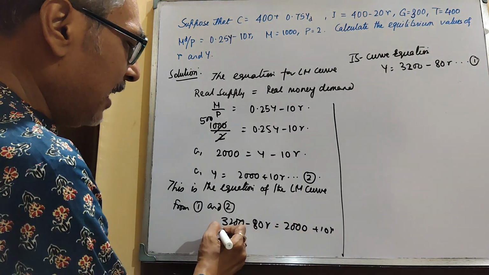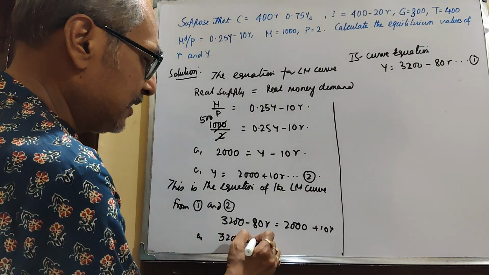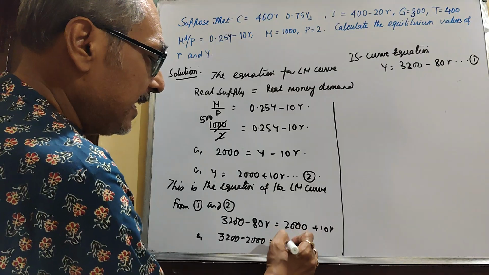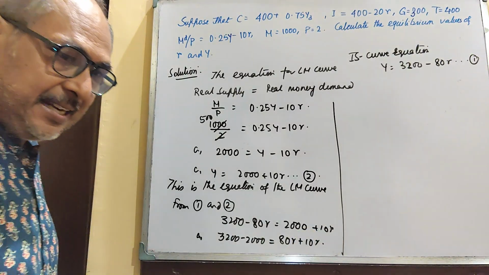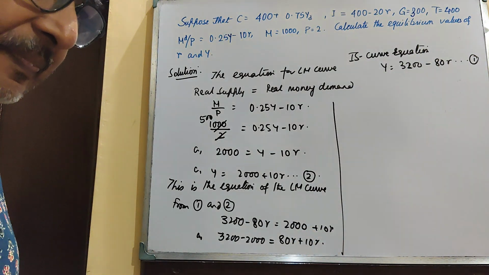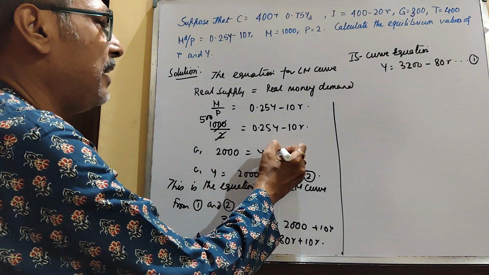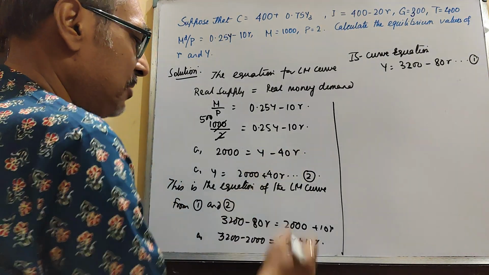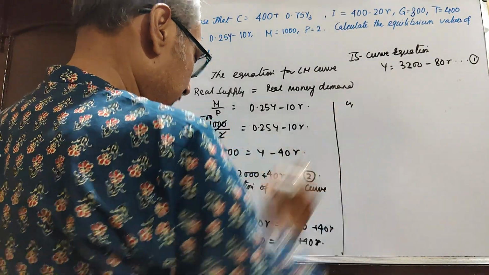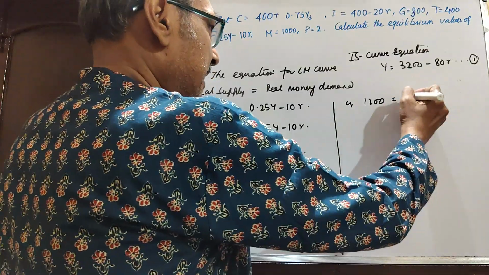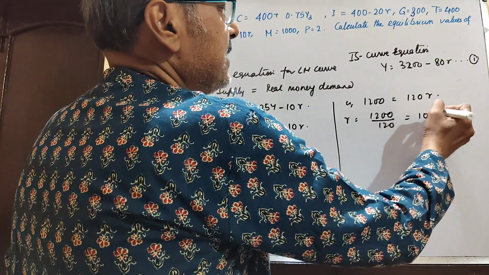Sorry, I made a mistake: if we multiply this by 4, then this 10 becomes 40. Now we take 3200 on the left hand side, so 3200 minus 2000 equals 80r plus 40r. Therefore, the left hand side is 1200 and the right hand side is 120r, or r equals 1200 by 120, which is 10.